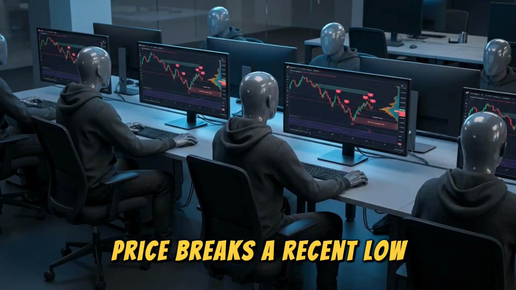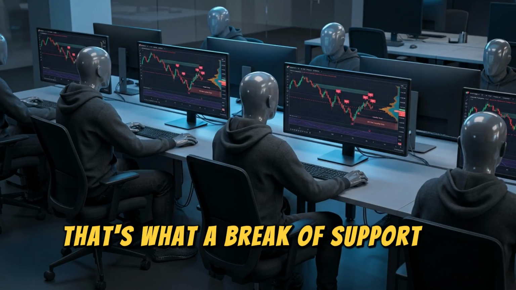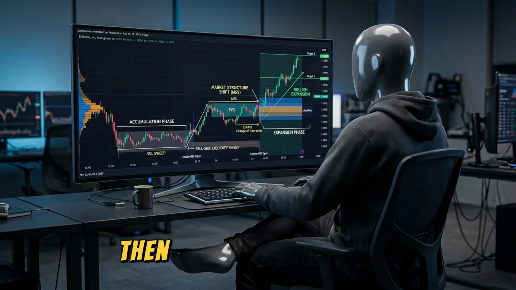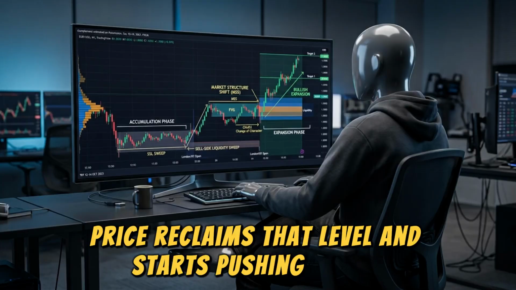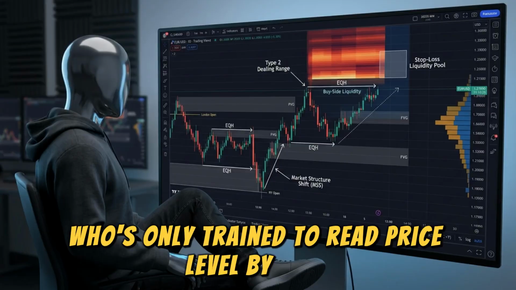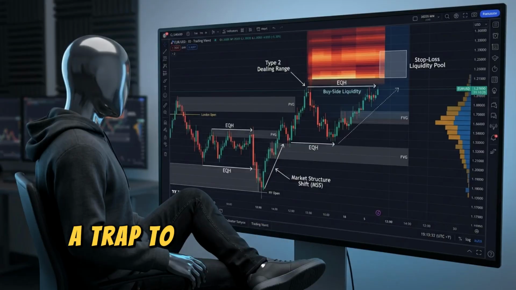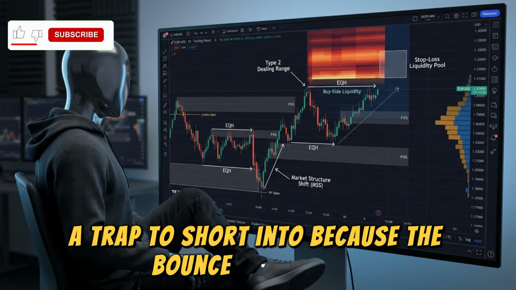Price breaks a recent low, panic selling kicks in, because that's what a break of support is supposed to trigger. Then, almost immediately, price reclaims that level and starts pushing higher. A retail trader who's only trained to read price level by level sees this as noise, or worse, a trap to short into, because the bounce should fail.